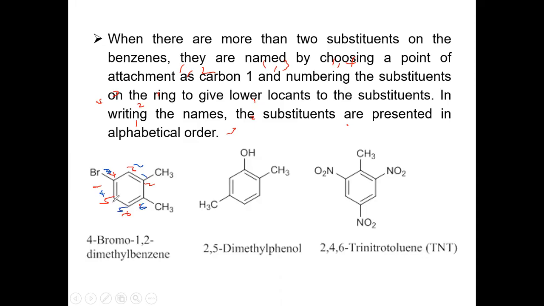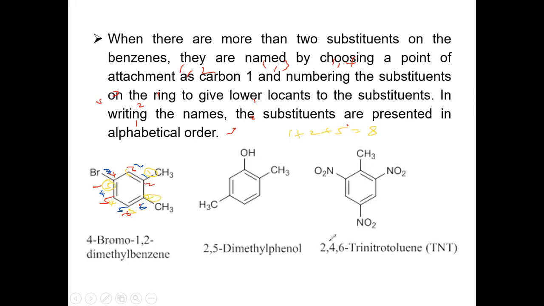The last option is I can also decide to number from here: 1, 2, 3, 4, 5, 6. Good. So in the yellow instance, the substituents will be on 1, 2, and 5. So I have 1 plus 2 plus 5, and that will be 8.